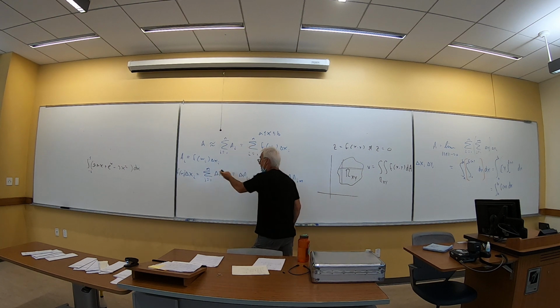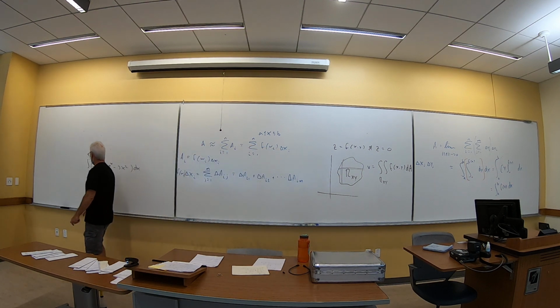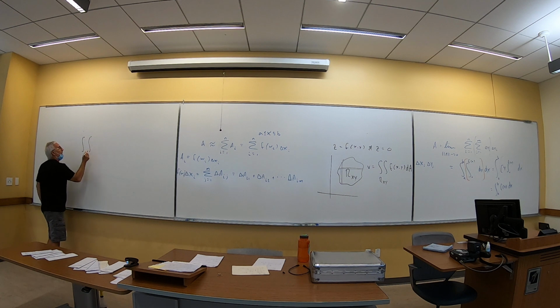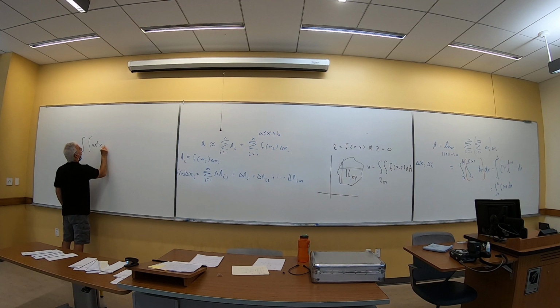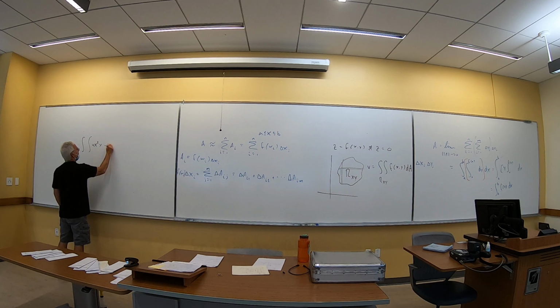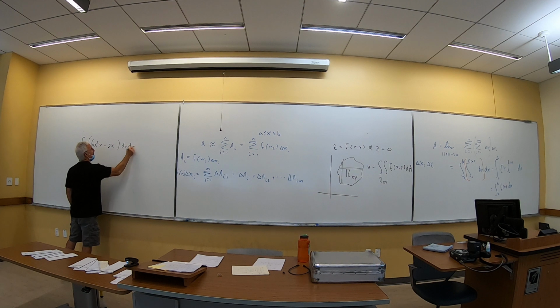So we all know how to evaluate a single integral. What I want to do right now is evaluate a double integral. So let's consider something. Let's say I've got 4x squared y minus, I want to keep this simple, minus 2x, dy dx.